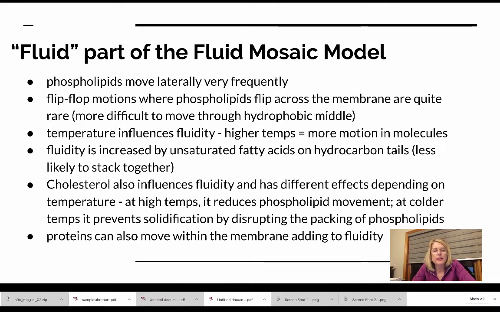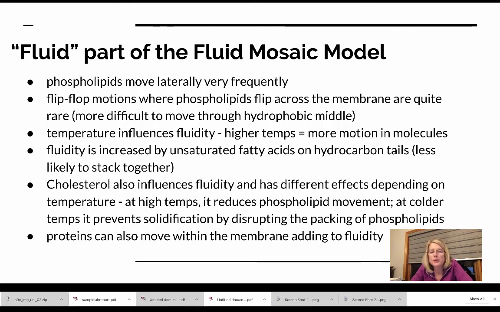The other thing that increases fluidity, and let's talk about structure again, we talked about saturated versus unsaturated fatty acids. Remember the hydrocarbon tails? If they're saturated, they're going to stack. And if they're going to stack, they're going to be kind of solidifying. If they're unsaturated and you've got that double bond that makes the kink, then those fatty acids aren't going to be able to stack on top of each other anymore, and you're going to have more fluidity inside that bilayer.